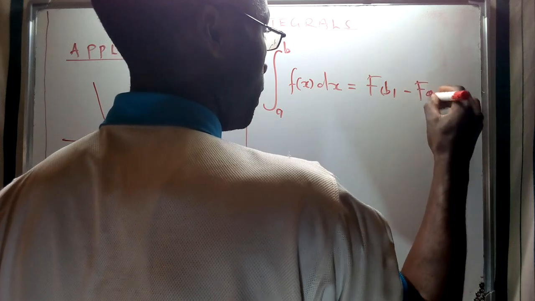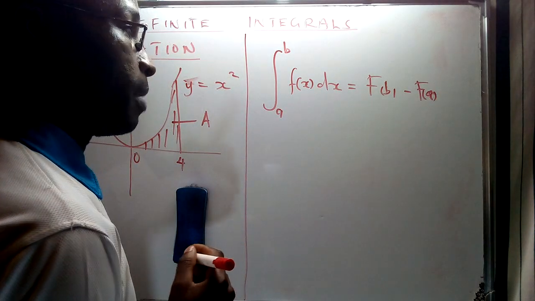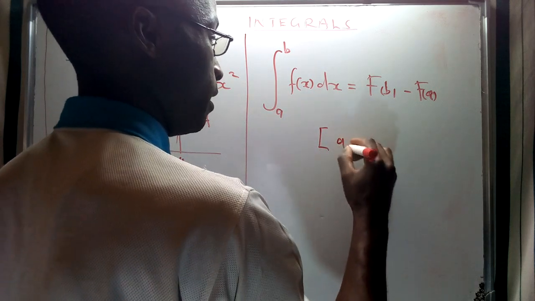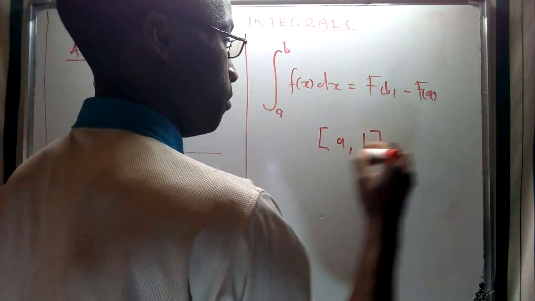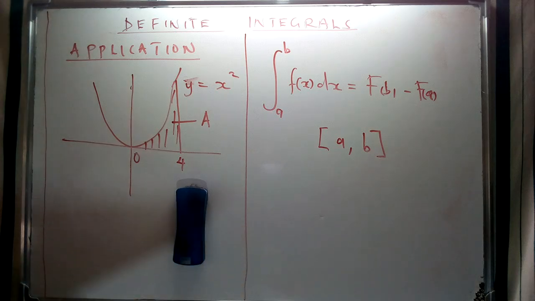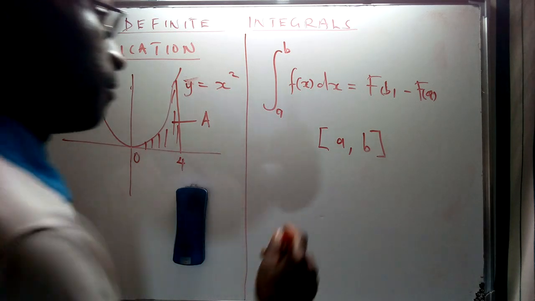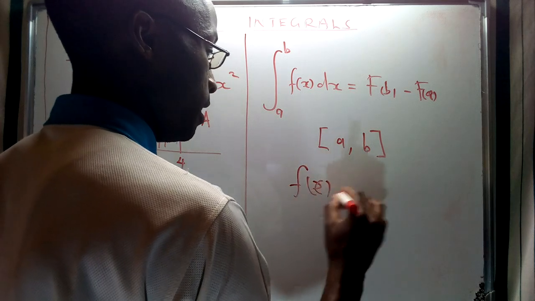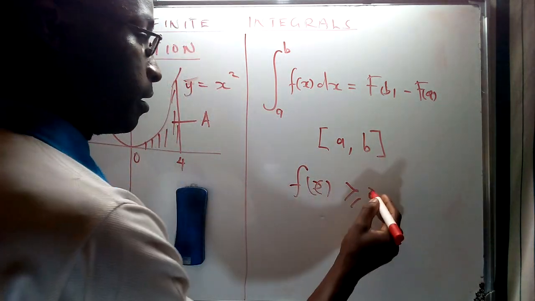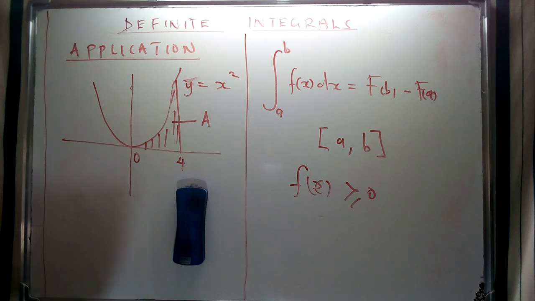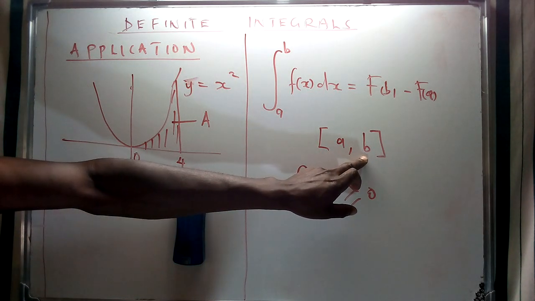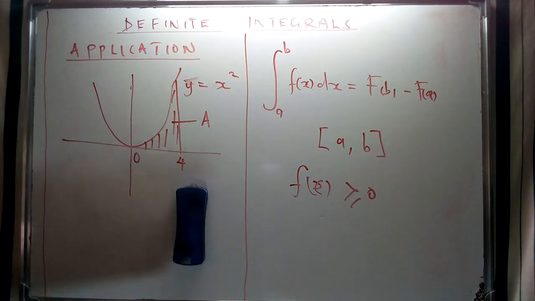We said that this function is going to be integrable over the closed interval a to b, and that this approach for finding areas is applicable for a function that is greater than or equal to 0. Therefore, we allocate the upper limit of integration as b and the lower as a.